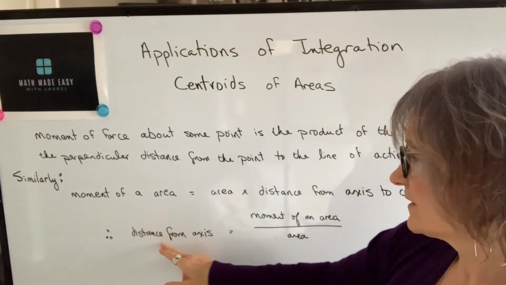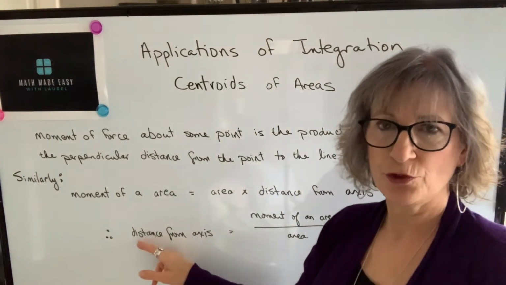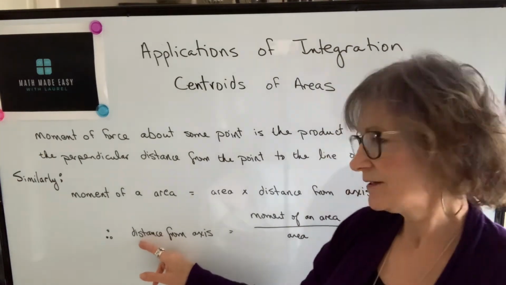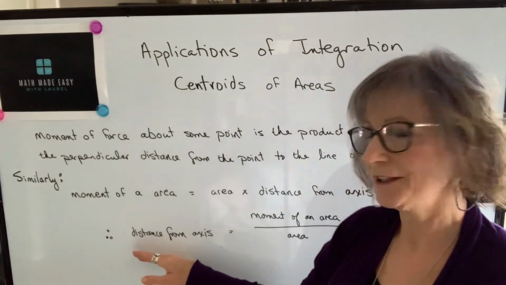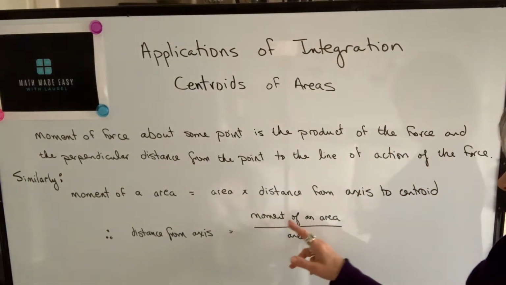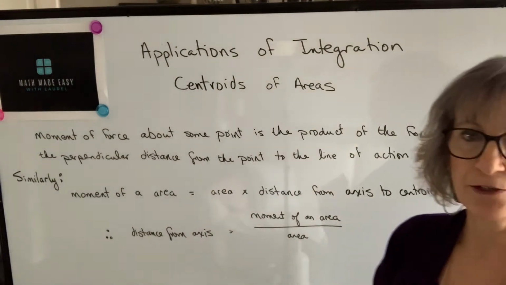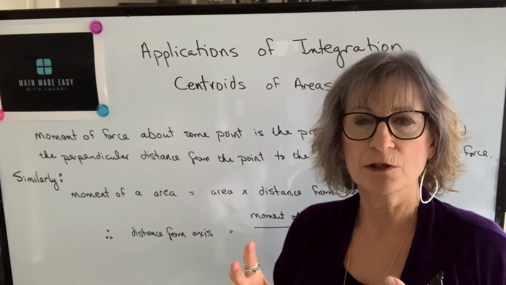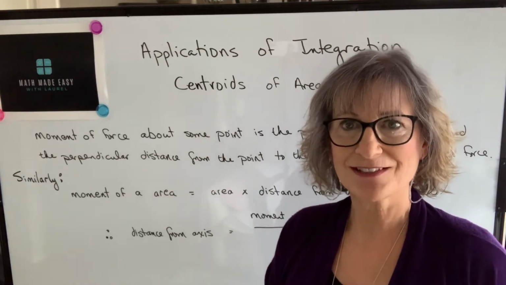Therefore, the distance from the axes, which will be either the distance from the x-axis or the y-axis depending on which coordinate we're finding, will be equal to the moment of an area divided by the area. Let's take a look at some geometric shapes where we can find the centroid without calculus.